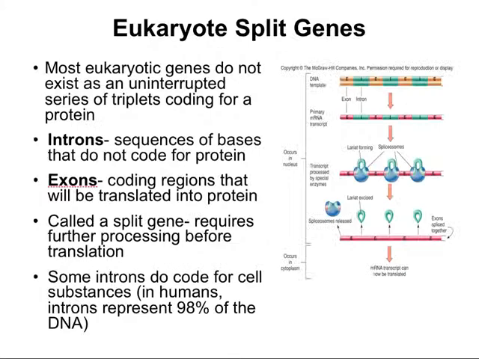In addition, most eukaryotic genes do not exist in an uninterrupted series of triplets that code for a protein. There are interspersed sequences that do not code for the protein. These interspersed sequences are called introns. The coding regions, in contrast, are called exons.